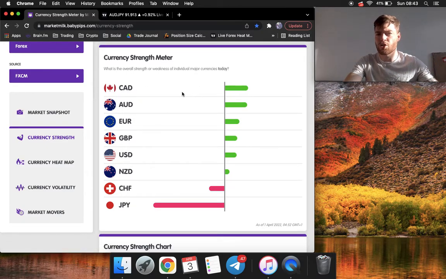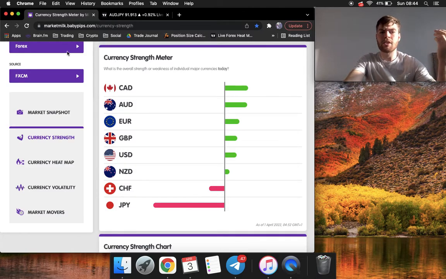Both are still strong, but the best thing to do is wait for that key time, like London or New York session, when the markets are a little bit more volatile and you can get a better indication. Wait for those key times to look at things like the currency strength meter, and to place the trade.